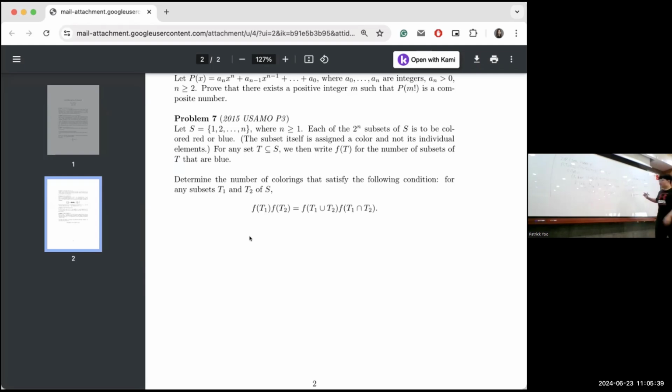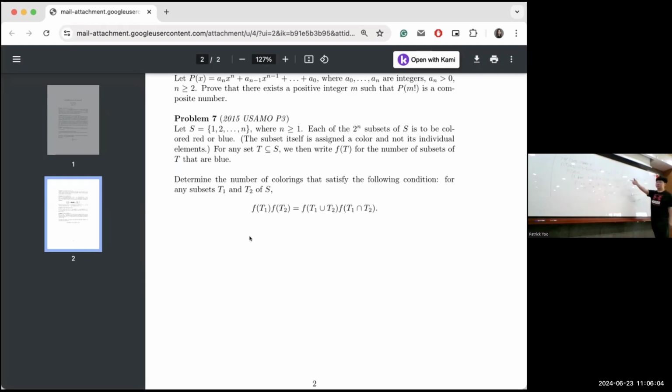So now we have constructed a bijection between the colorings and the sets such that all the single element subsets are blue. So the number of colorings in this case is the number of ways of choosing this subset C, which contains all the blue elements, and that is just 2 to the power of n.